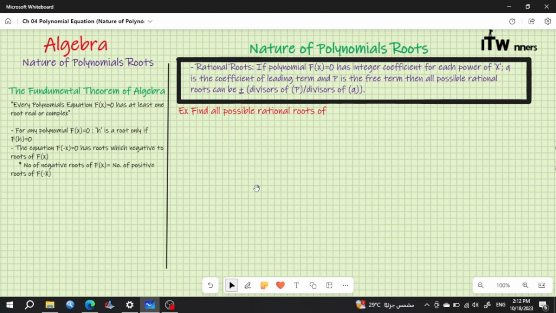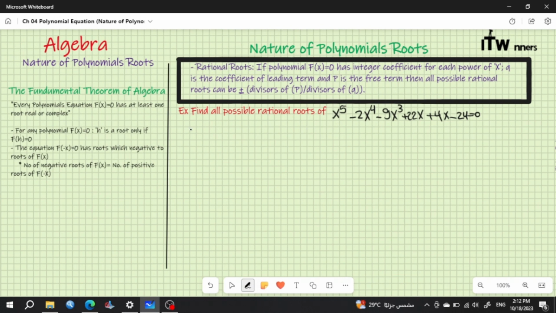So the first example, on rational roots, is: find all possible rational roots of x⁵ - 2x⁴ - 9x³ + 22x² + 4x - 24 = 0.